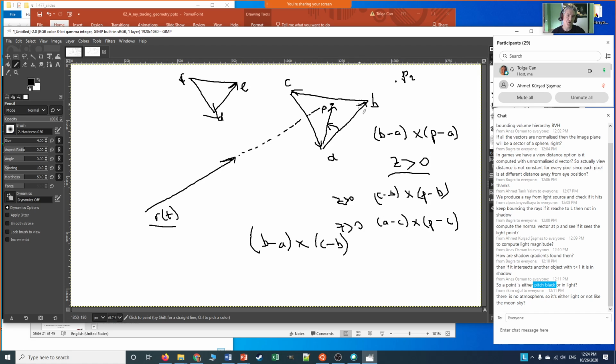It will give you the normal vector, a vector which is orthogonal to the plane, since both of them are on the same plane.